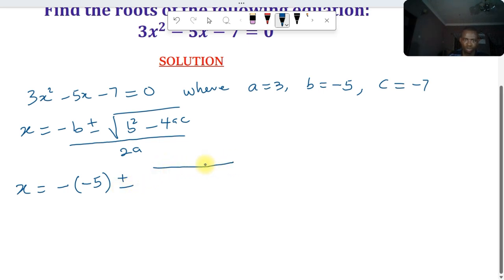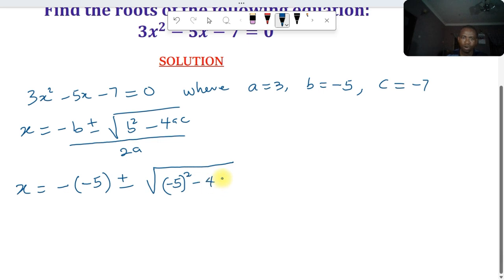root b squared, that is minus 5 all squared. Remember I told you in class, never write this as minus 5 just squared. You have to put the brackets to indicate that the square addresses both the minus and the 5.